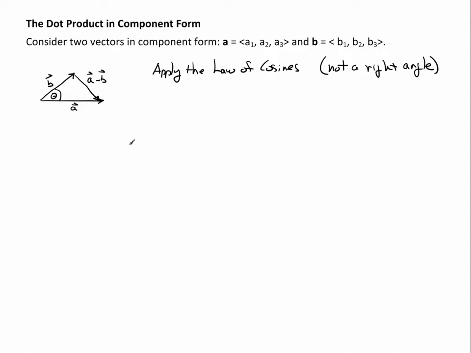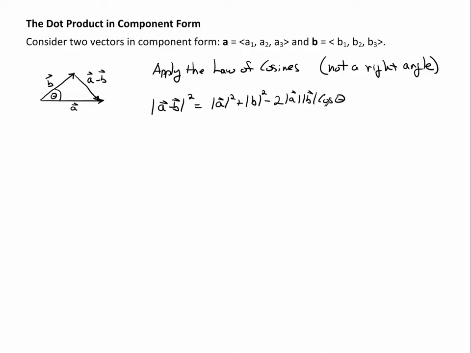So the magnitude of A minus B squared is equal to the magnitude of A squared plus the magnitude of B squared minus 2 times the magnitude of A times the magnitude of B times cosine of theta. That's applying the law of cosines to this angle.